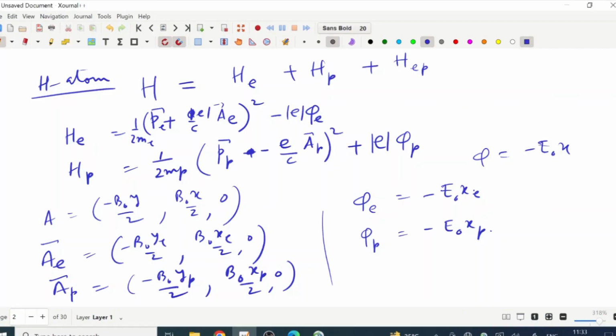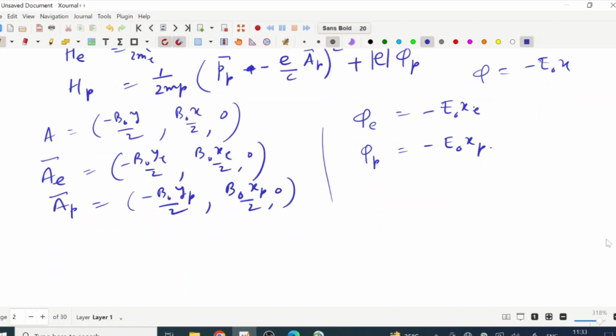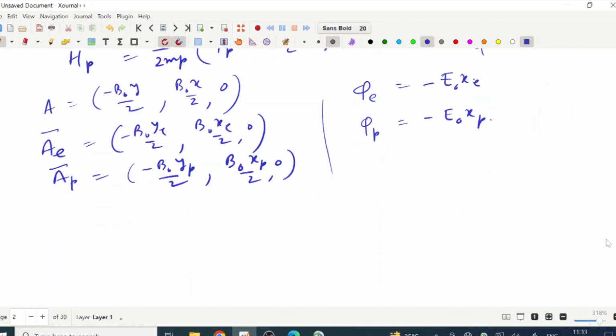Of course, you can simplify this by assuming proton at rest and electron is moving. So, in that case, the Hamiltonian will be simplified considerably, but this is the general way of writing.